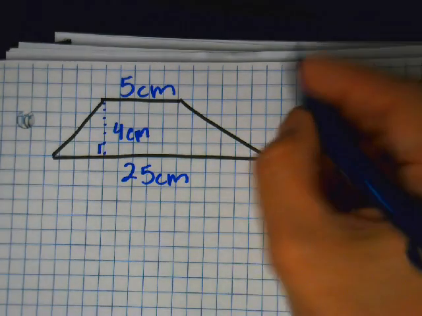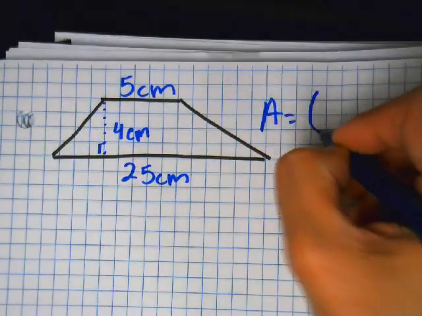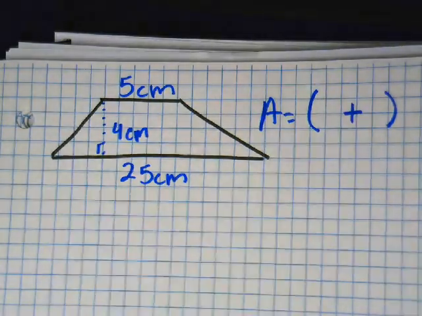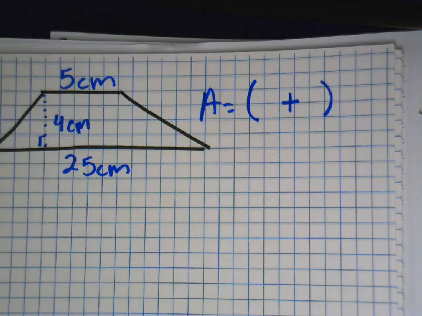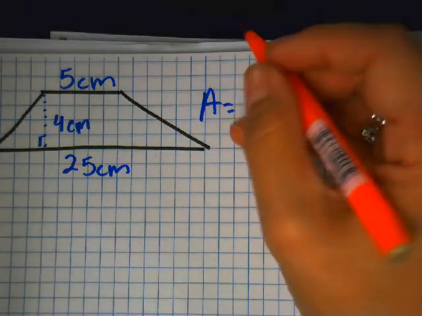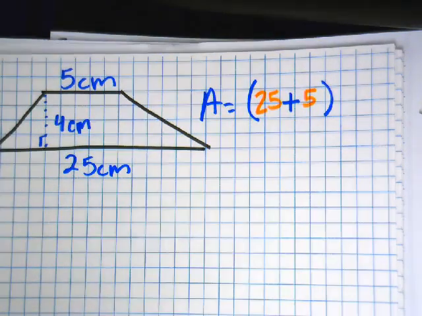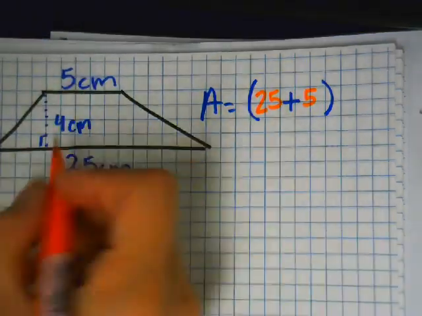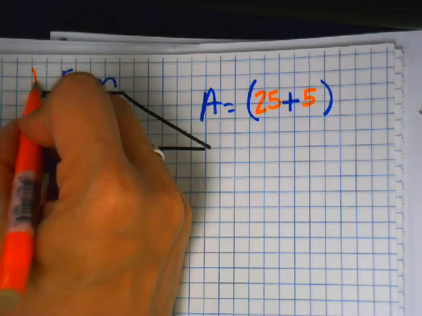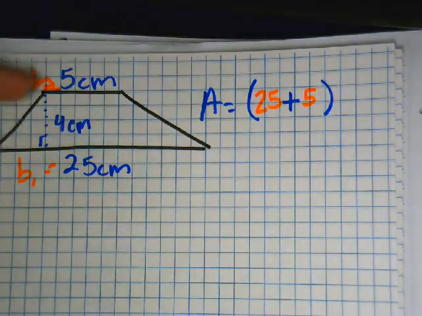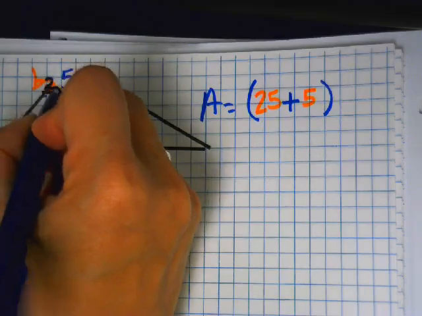So, area equals what two numbers go inside the parentheses? What are my two numbers inside the parentheses? 25 and 5. Because these two are my bases. This is base 1 and this one's base 2. I apologize. There we go.